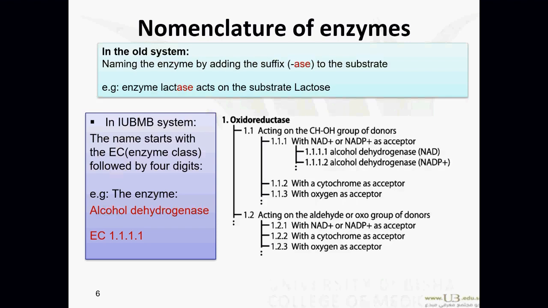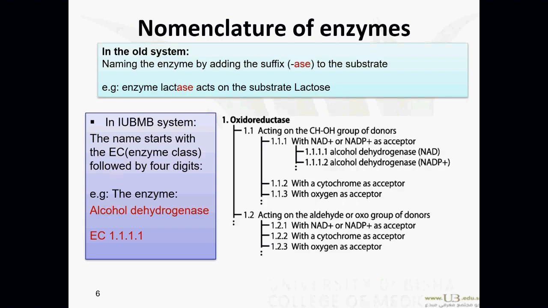We have oxidoreductase. The second digit stands for the subclass of the oxidation reduction activating enzymes. This specific group works on the hydroxyl group, or the hydroxyl group attached to any carbon atom in the reaction.